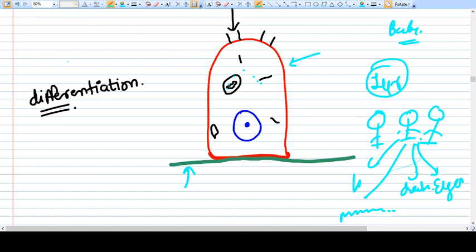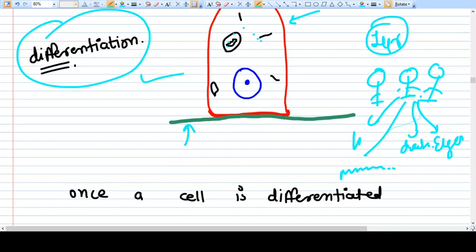This is called differentiation. And once the cell is differentiated, it is very, very difficult to go back to what it was before. Like one person, once he becomes a lawyer, cannot just go back to become a baby again. The same thing happens here.